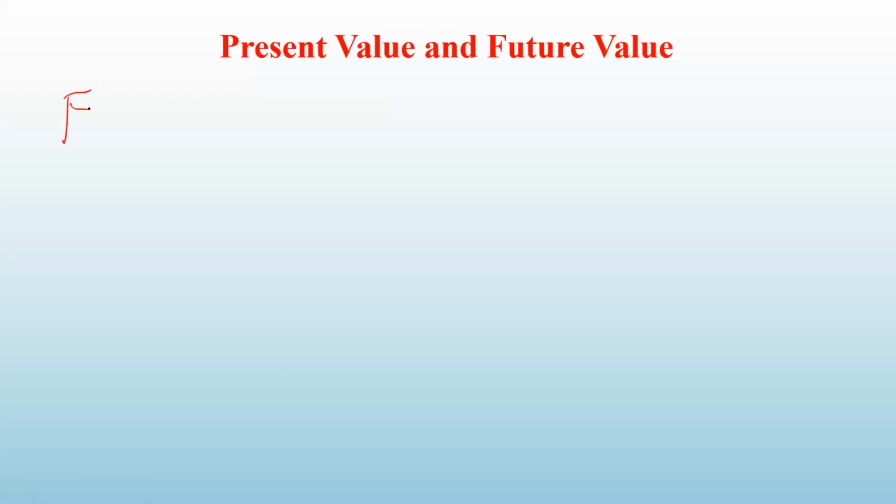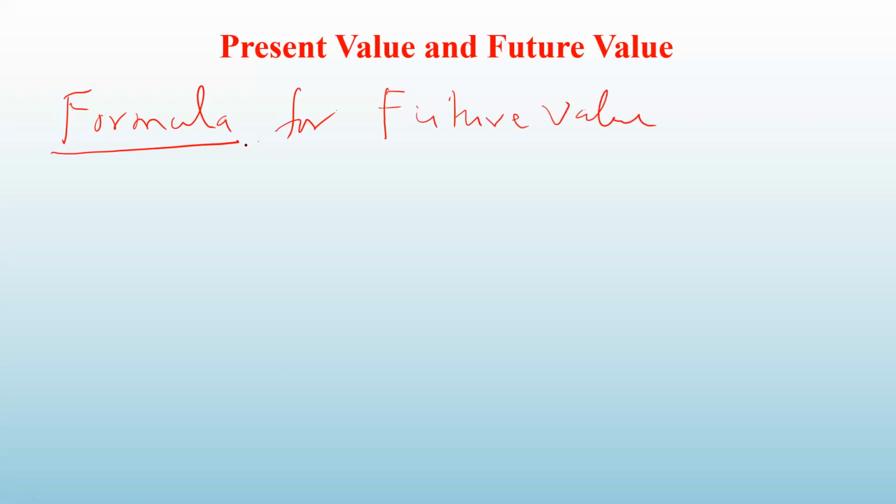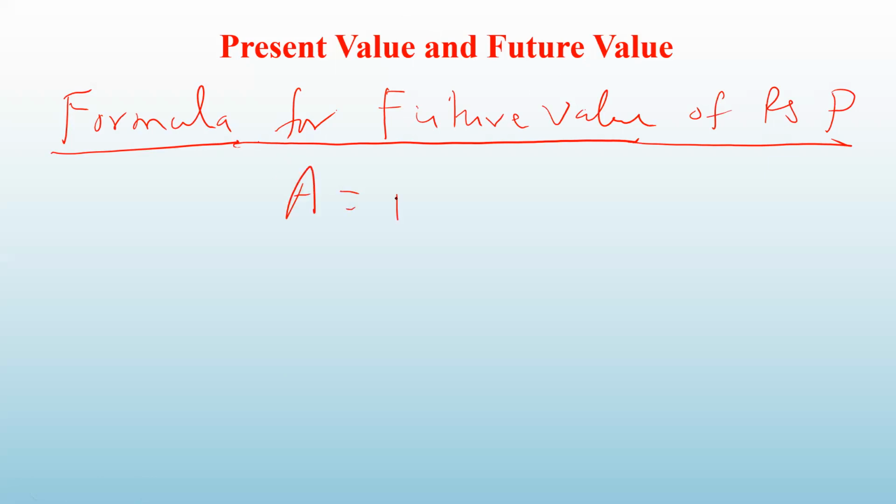So the formula for the future value of rupees P, where P is the present value, is given by A, the future value, equals P into (1 plus R upon 100) raised to power n, where R is the rate of interest and n is the number of time periods. Basically, the same accumulated value we are now calling the future value.